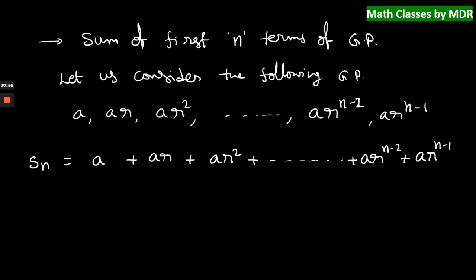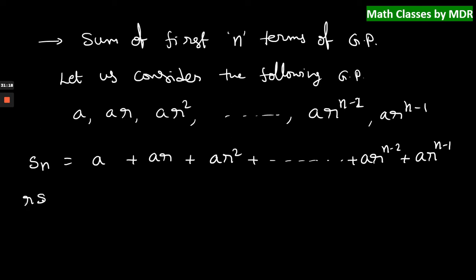right? Now to get the formula for the sum of n terms, let us take the same equation, Sn equals a plus ar plus ar square and so on. Let us multiply the entire equation by r.